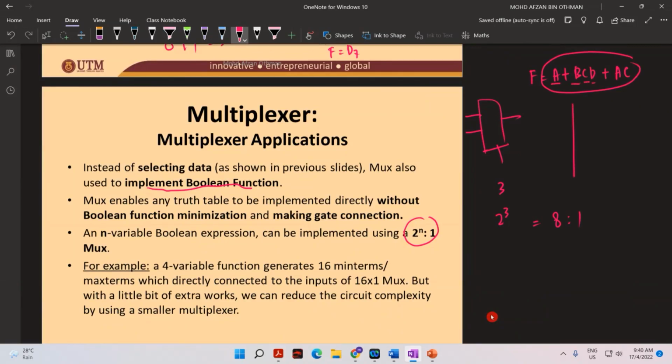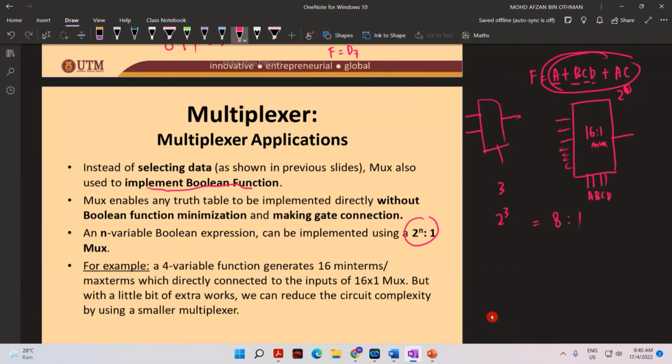Okay, so for this one here, since it is a 4 variable, so multiplexer yang kita kena guna is 2 power of 4, which is 16 to 1 mux. Okay, so kamu akan ada 4 selectors, which is A, B, C, and D, and then D is the input and D is the output.